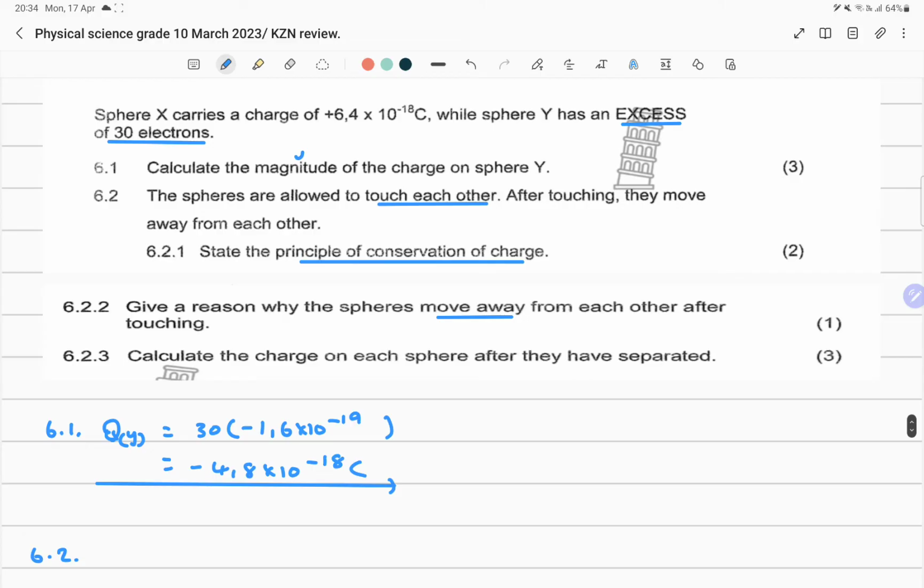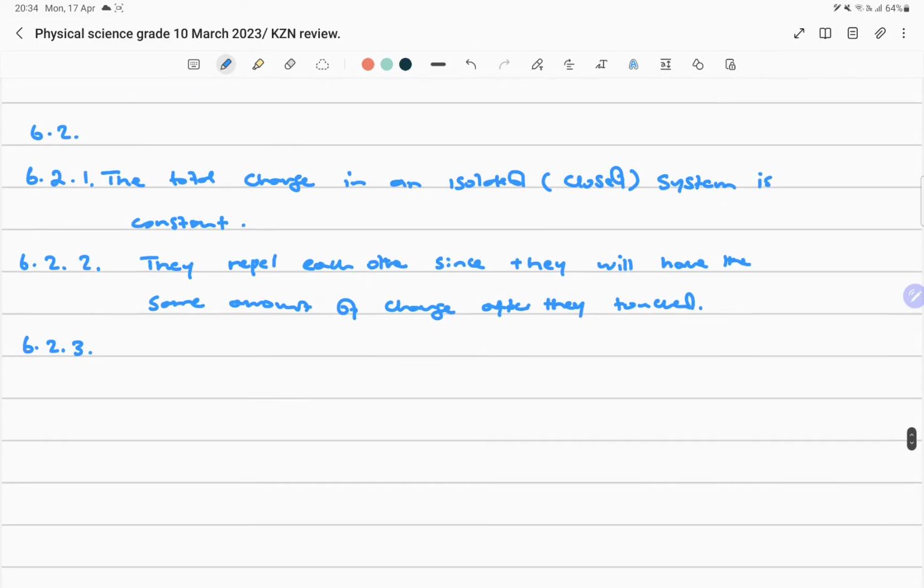So what's the story here? Calculate the charge on each sphere after they separated. Again, this is a good question, easy marks here. You've been shown already, so we can say that the new charge on each sphere is equal to qx plus qy divided by 2.